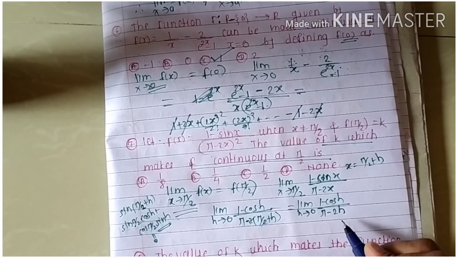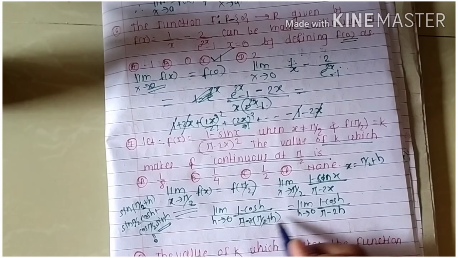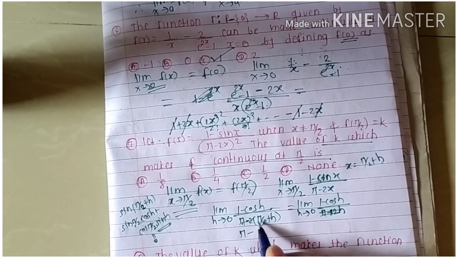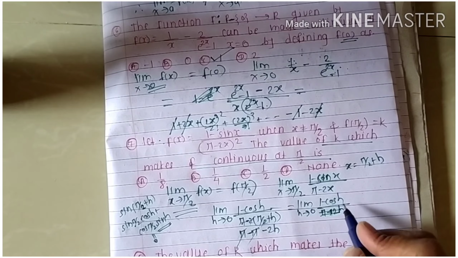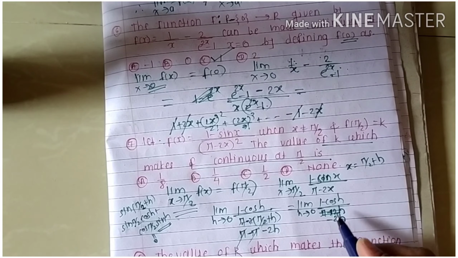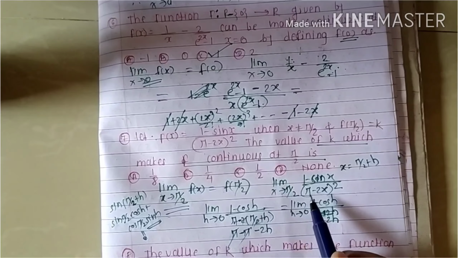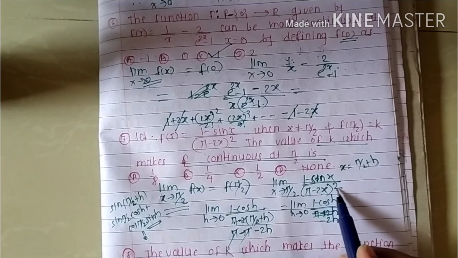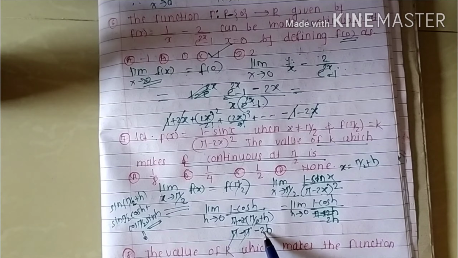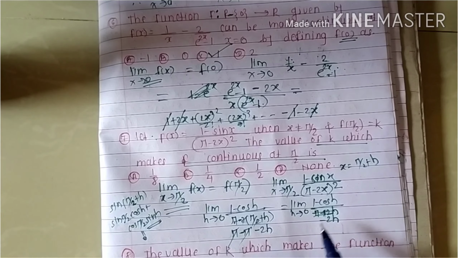The simplified term of pi minus 2x is minus 2h, and its square means minus 2h whole squared.